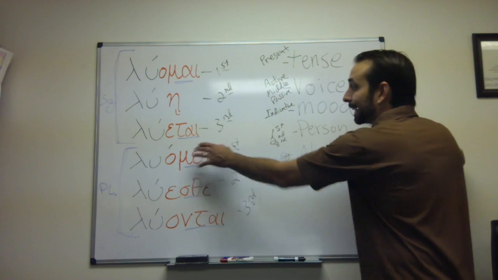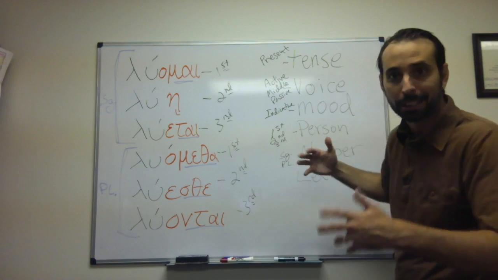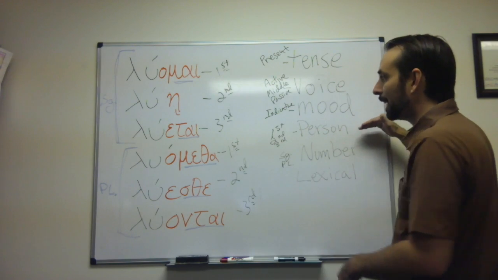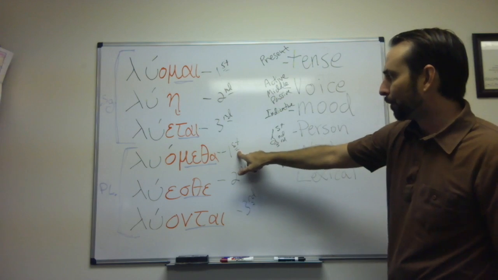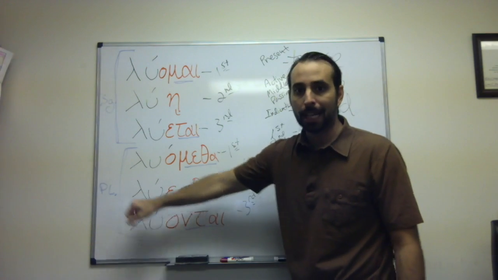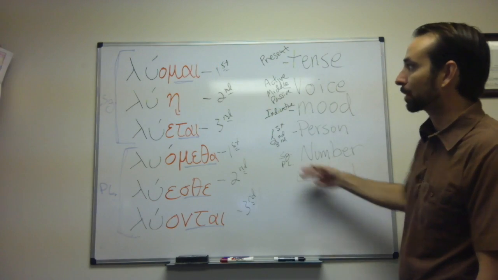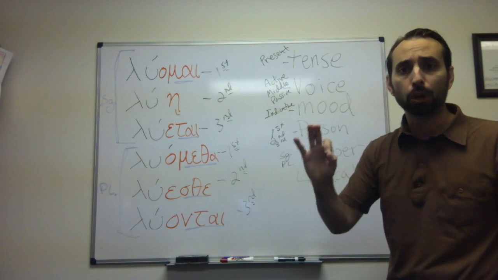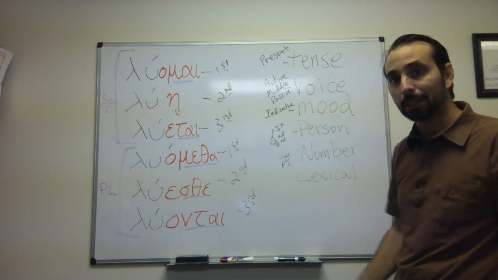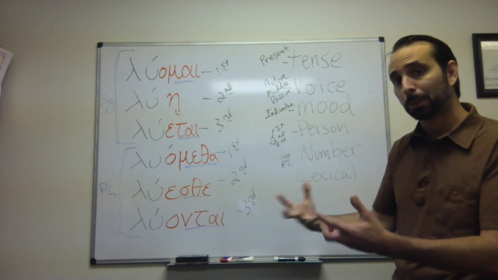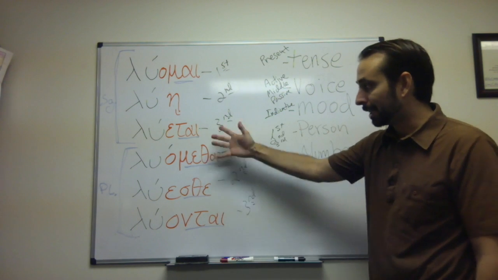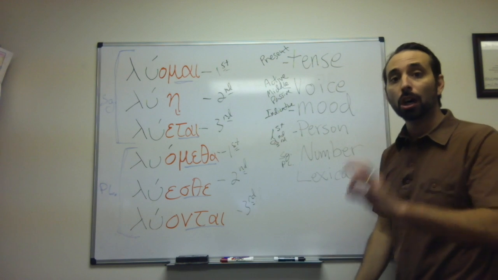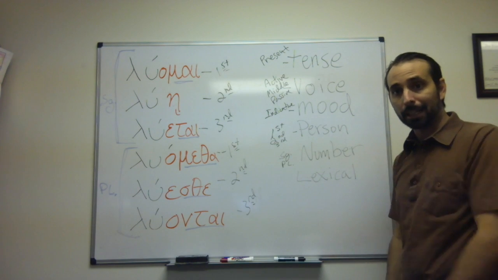I know it's an indicative by the spelling. You haven't learned anything else yet, so it's going to be indicative. And I've learned, oh, that's my first person plural ending. And it's from the lexical luo. Remember, with the active ending, your lexical is always that vocabulary first person active ending. So in this case, and for all of these, luo with the omega at the end.